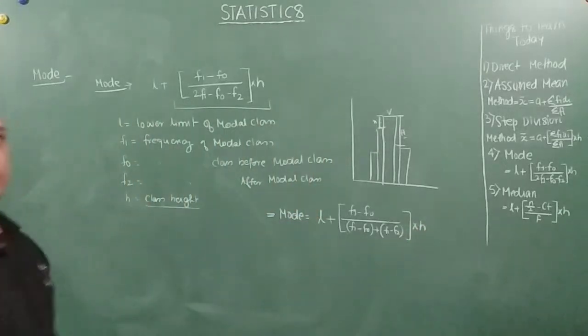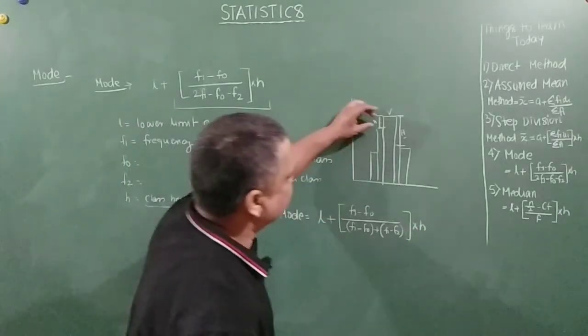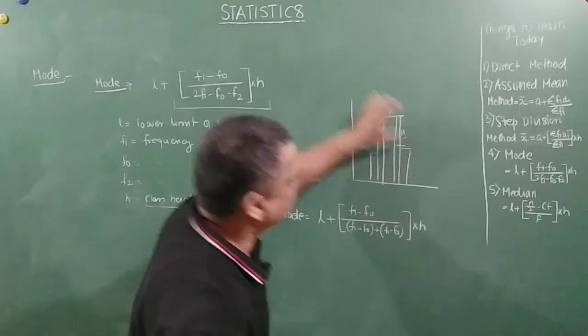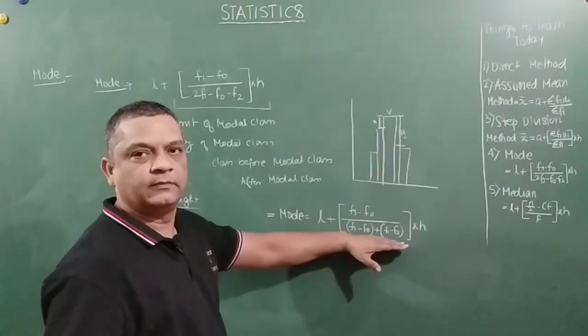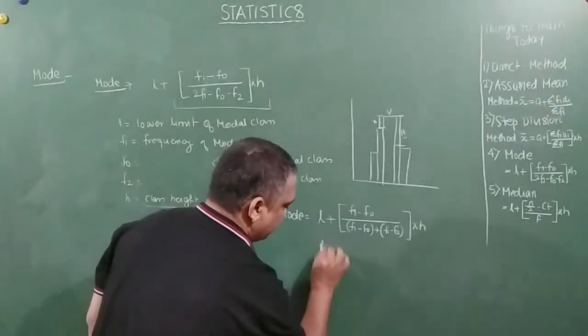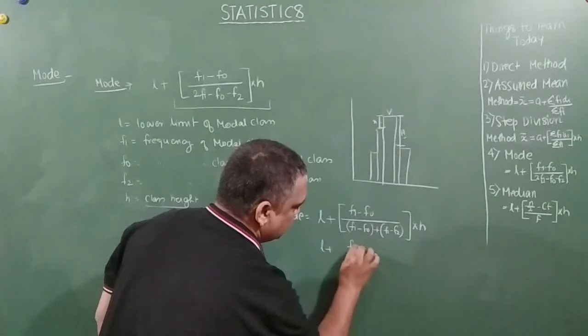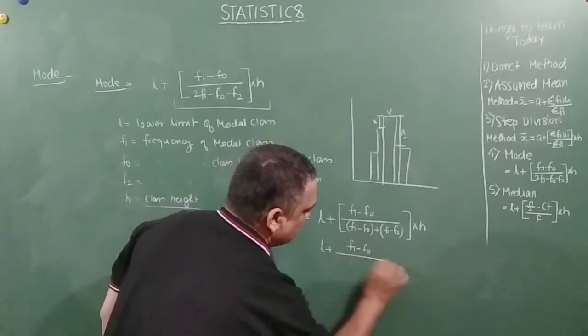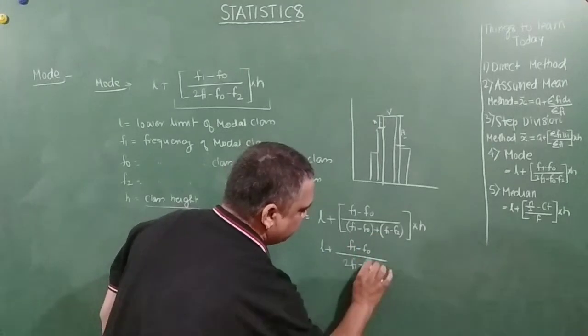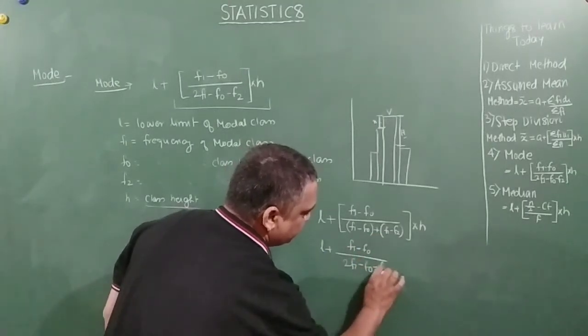This is what I am trying to tell you, right? So this gap divided by this gap plus this gap, right? If you expand it, you will get the same thing, friends. Let me do that. This becomes 2f1 minus f0 minus f2.